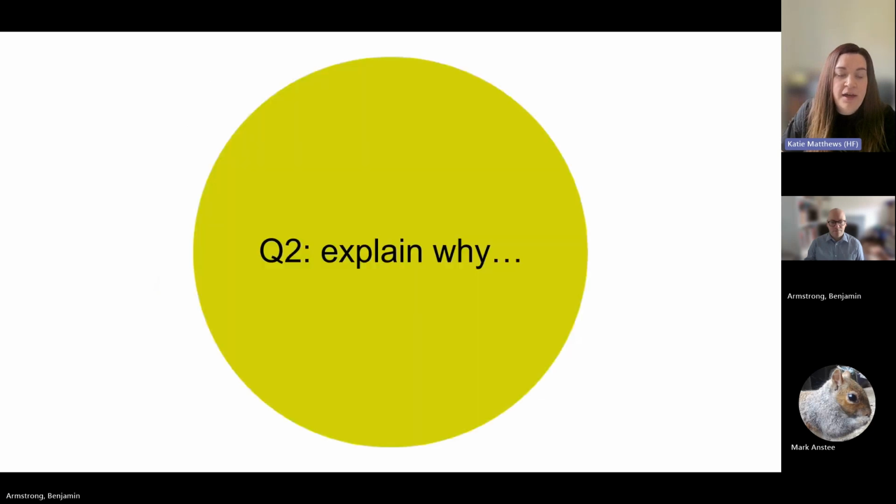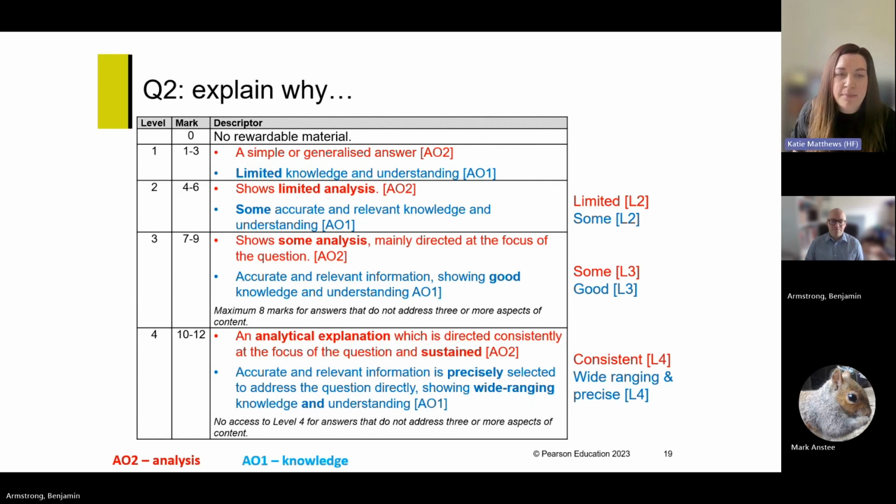Let's move on to look at question number 2, the explain why question. We've covered this one in previous videos, so I'll just use one example to highlight what you need to do. A quick look back at the mark scheme. We have to look at your AO2, your analysis, and as you can see, limited analysis for a level 2, some for a level 3, and consistent use of analysis for level 4.